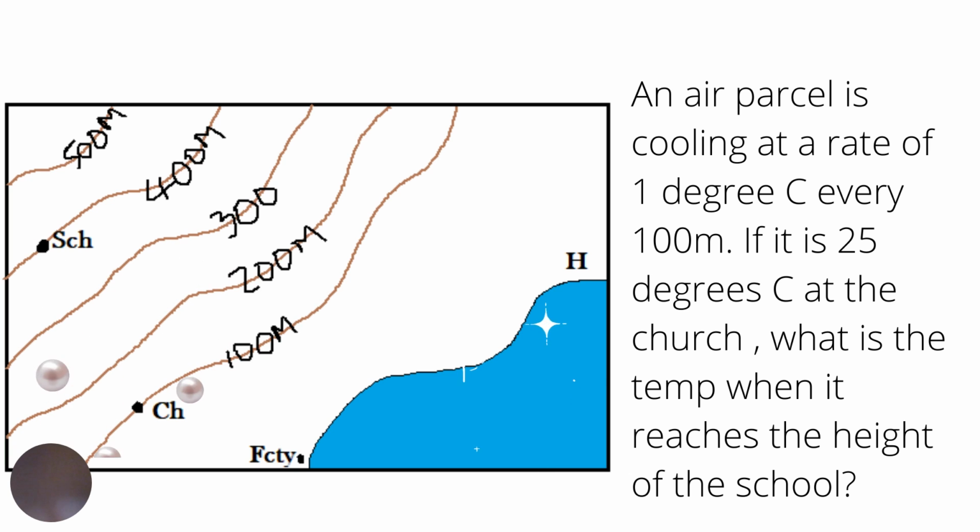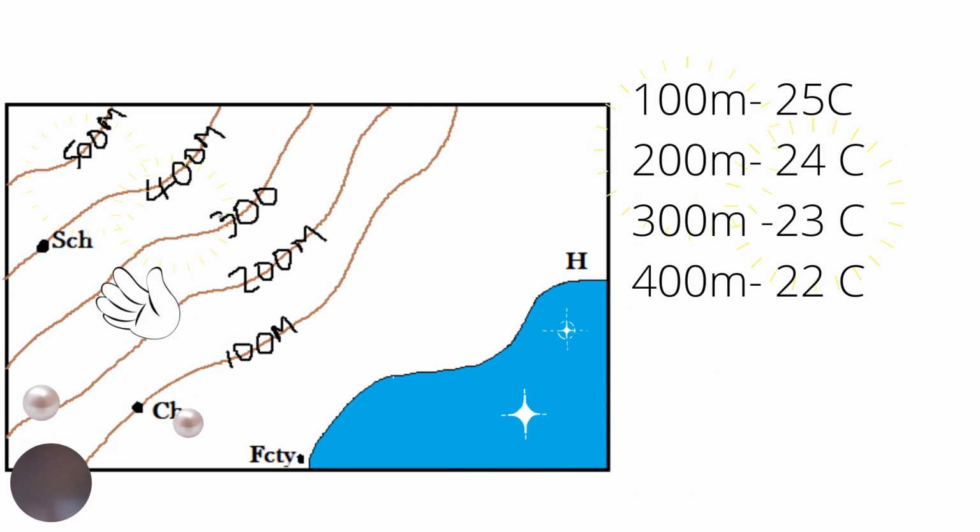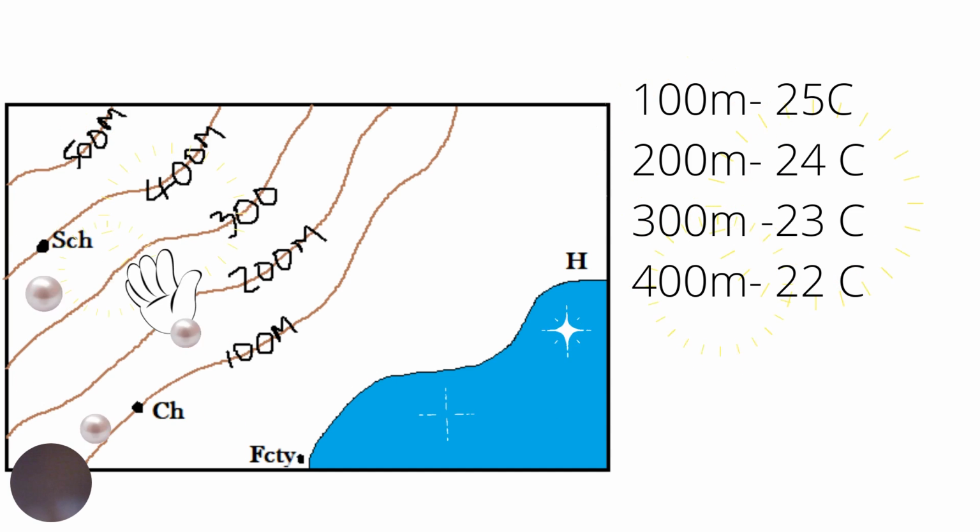So if we have air parcels rising, and if at the church an air parcel has a temperature of 25 degrees Celsius, when it rises to the height at which the school is located, what will the temperature be? It will certainly not be 25. As it rises, remember, the temperature is going to be decreasing. So let's check it together.